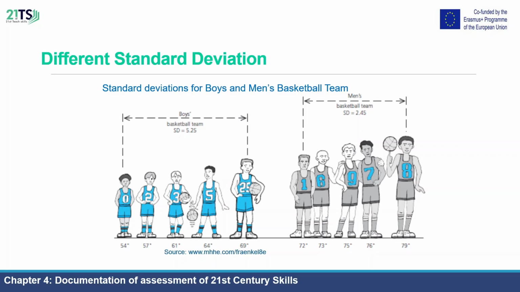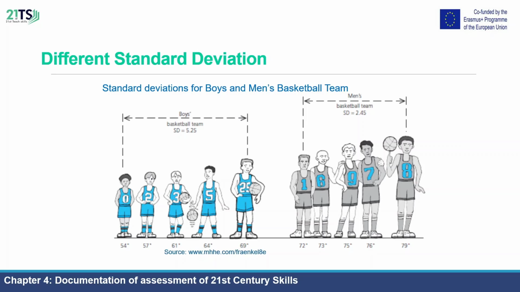Here is the comparison of standard deviation values. This example shows the standard deviation for boys and men baseball teams. In the boys baseball team, the standard deviation equals 5.25, while the men's baseball team standard deviation equals 2.45.